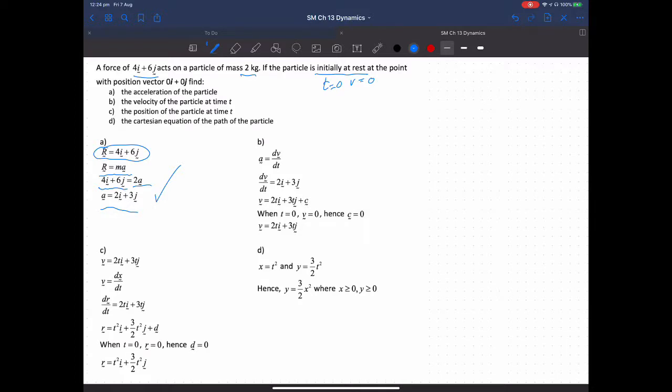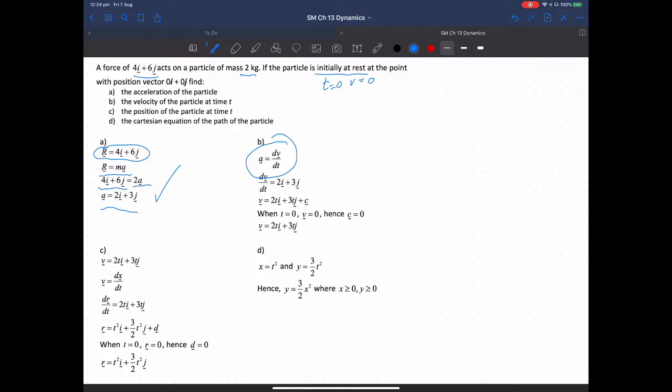The next part says find the velocity of the particle at time t. So we know that vector a, acceleration, is equal to the derivative of the velocity vector with respect to time.